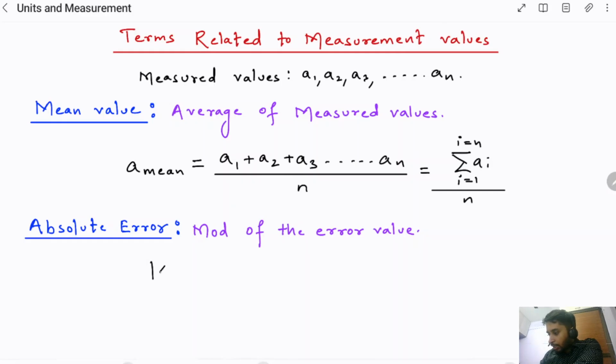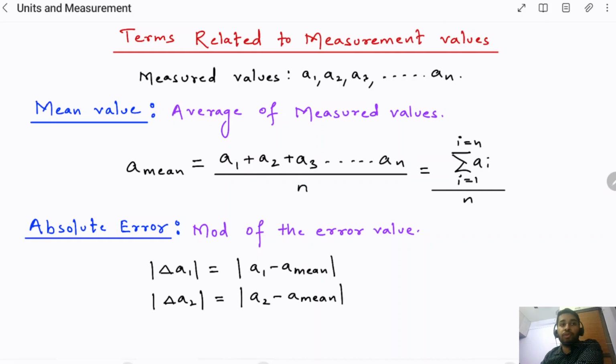So mod delta a1 is the absolute error in the first measurement. That will be mod of a1 minus a mean. Then we have mod of delta a2, that will be mod of a2 minus a mean.